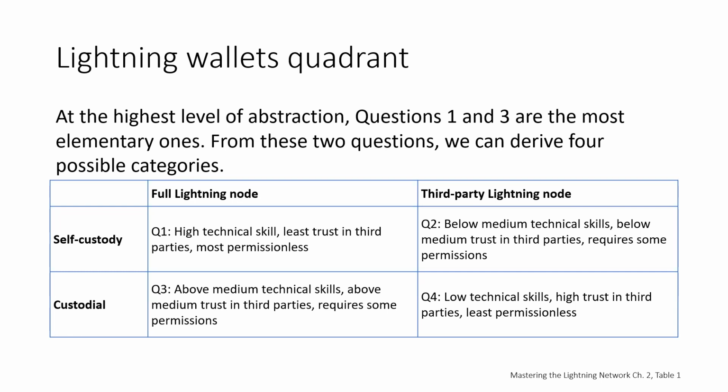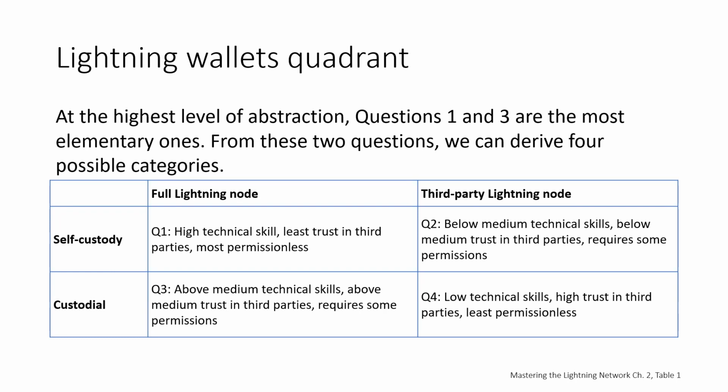So in quadrant one, we've got high tech, where we've got self-custody and a full Lightning node. We've got high technical skill, least trust in third parties, most permissionless. In quadrant four, with custodial and third-party Lightning node, we've got low technical skills, high trust in third parties, least permissionless. And then we've got quadrant two for self-custody funds, but a third-party Lightning node, somewhere in between.